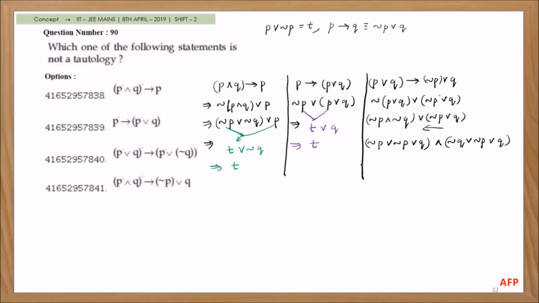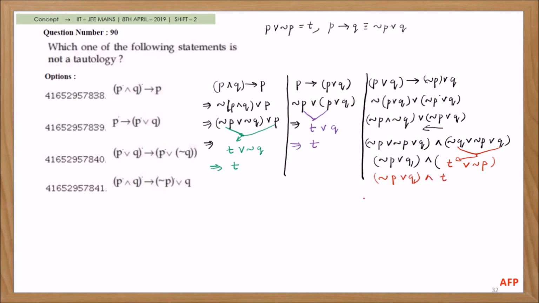This is the distributive property we are having. Not P or not P we can write as not P or not Q. And if you take these two concepts, you can write it as a tautology or not P. So now not P or not Q and tautology of any statement is a tautology.